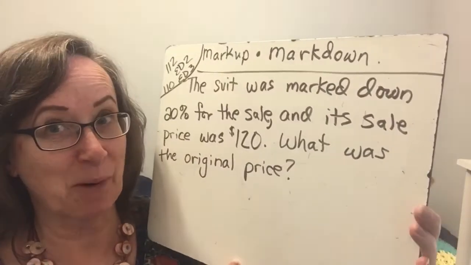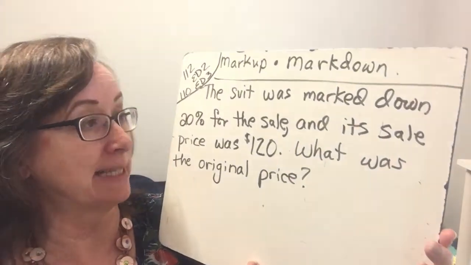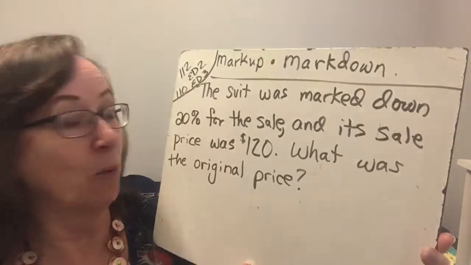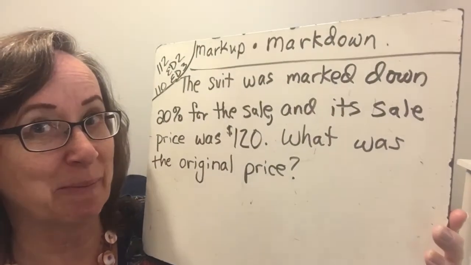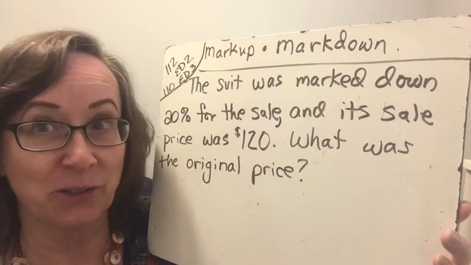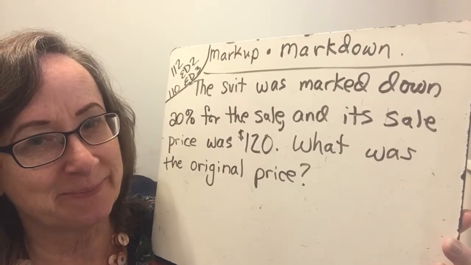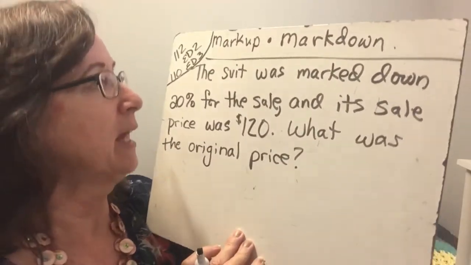Here's our last practice problem. The suit was marked down 20% for the sale, and its sale price was $120. What was the original price? All right, so copy it down and pause your video. I didn't forget this time. All right, so hopefully you did that, and now you're just checking your work.